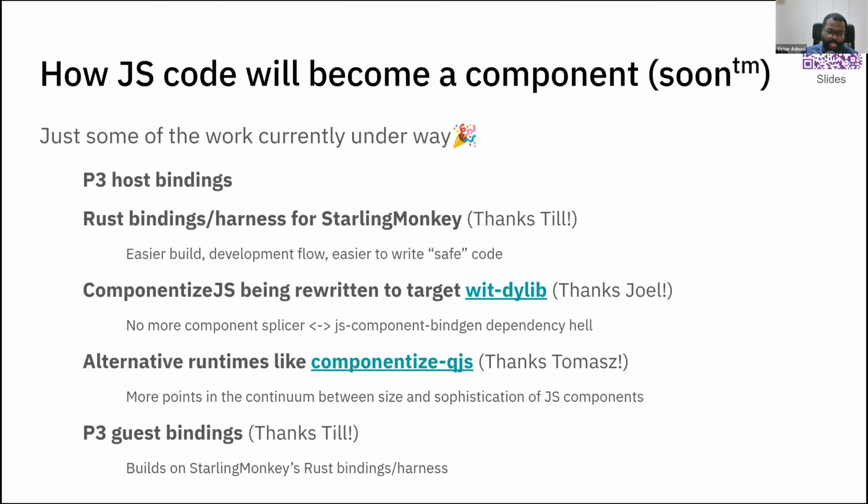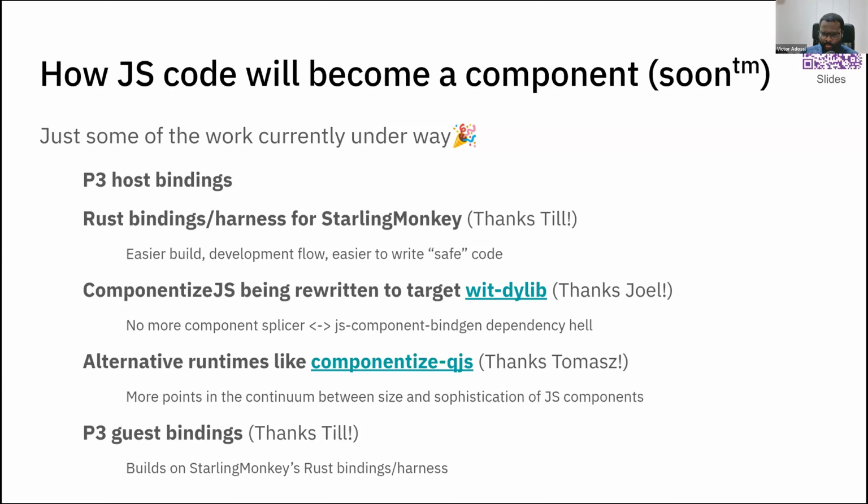And when I say host here, I mean JCO transpile. You can think of the output of JCO transpile as a sort of generated host, that runs on, let's say, V8 below, or any core WebAssembly supporting JavaScript runtime, and glue code. Those two things together come to build a host. So I'm working on the P3 host bindings for that.